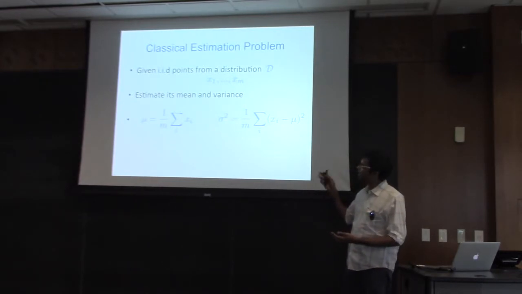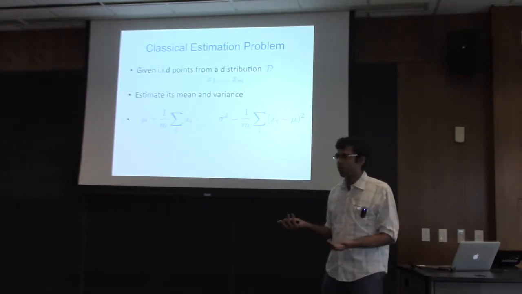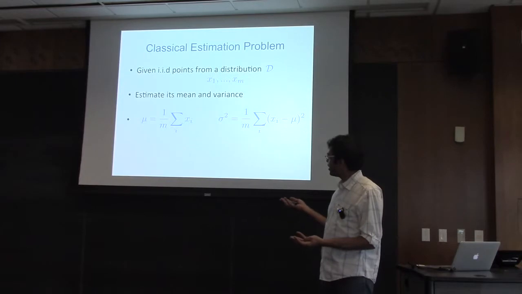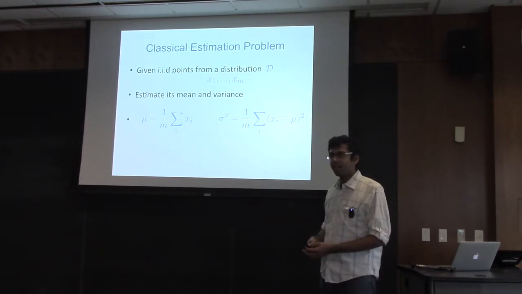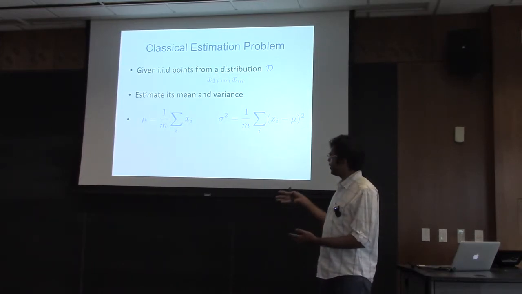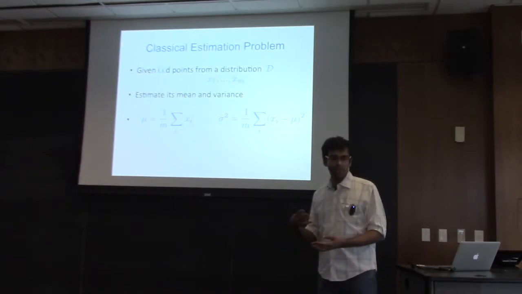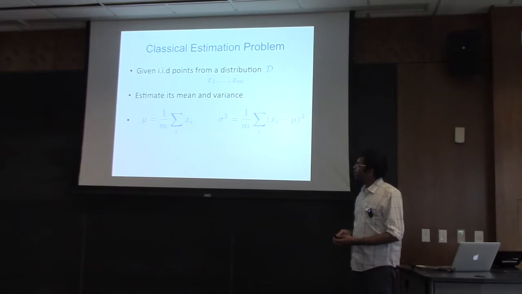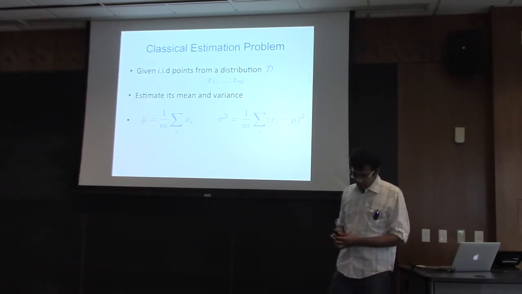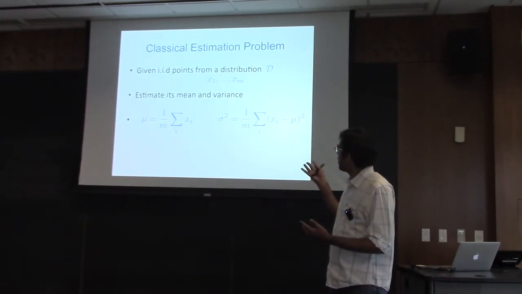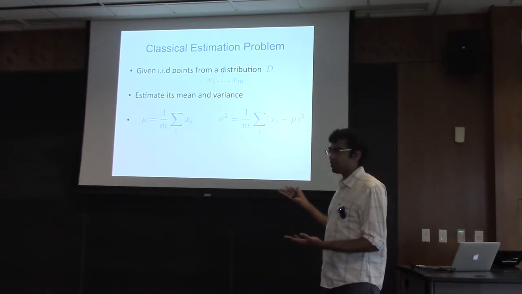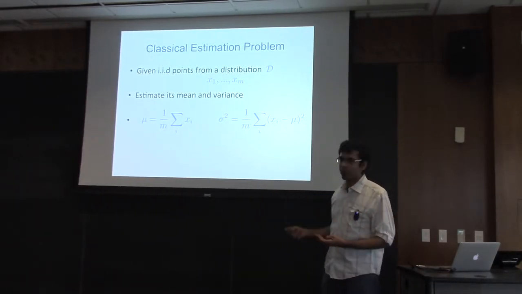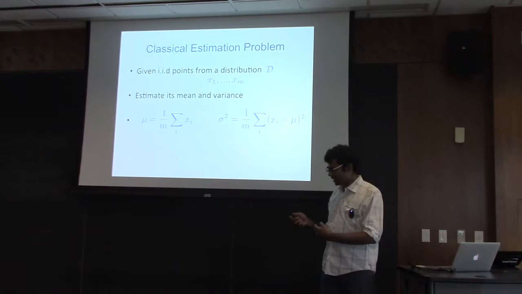A running example would be a normal distribution, which I'll be referring to again and again, but this talk will apply to a much more general class of distributions. So if this is the model and this is how the data is, then the problem is essentially easy.